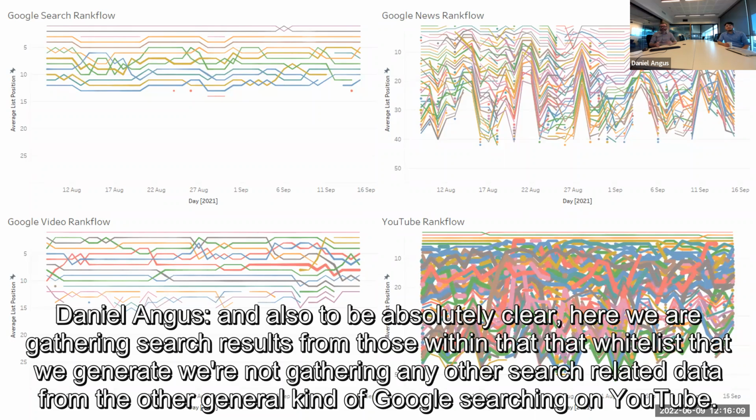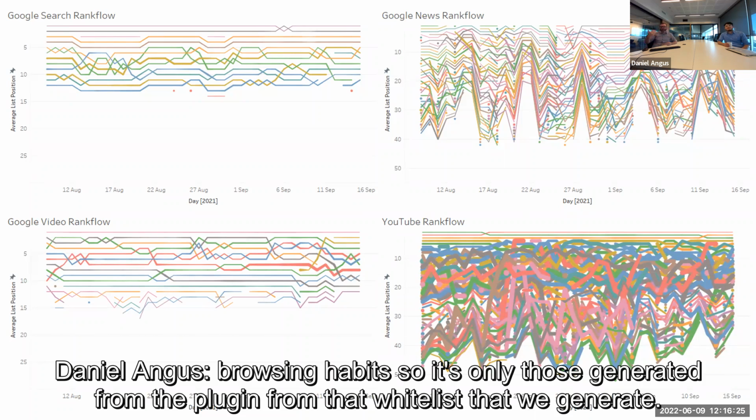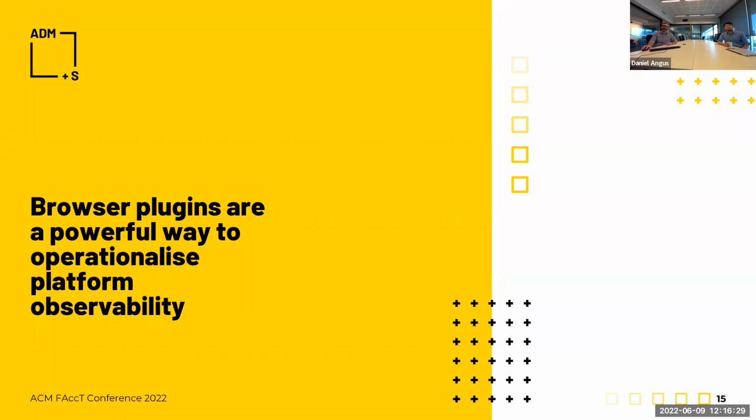And also, to be absolutely clear here, we are only gathering search results from those within that whitelist that we generate. We're not gathering any other search-related data from their general Google searching or YouTube browsing habits. It's only those generated from the plugin, from that whitelist that we generate.